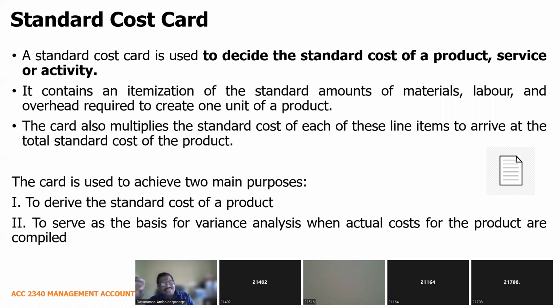Again, I would say there is a link between standard and estimates. Almost estimates we convert into a nice statement saying that standard cost. So when you do standard costing, you need the estimates. But you can't do estimate just arbitrarily. There should be a rational way of doing estimates.